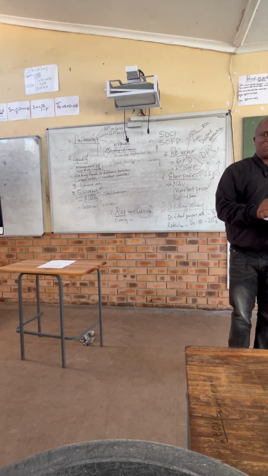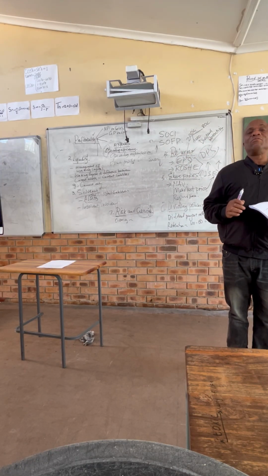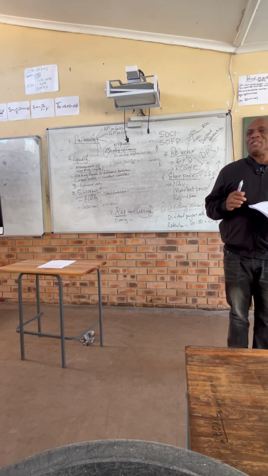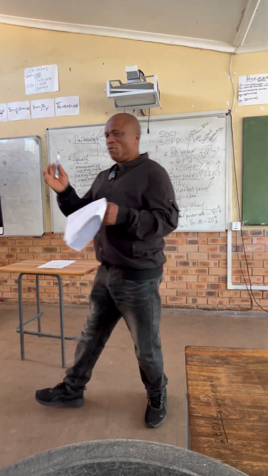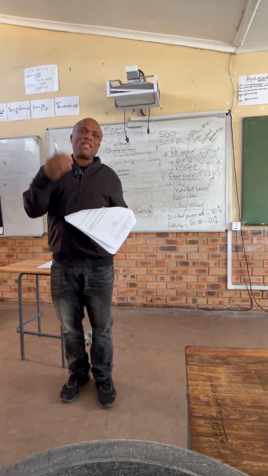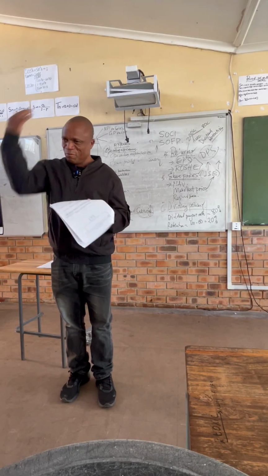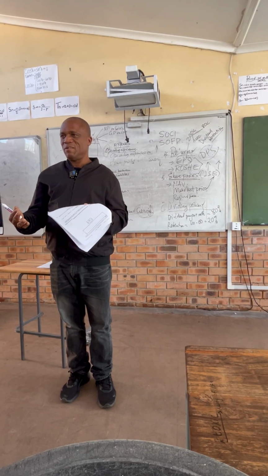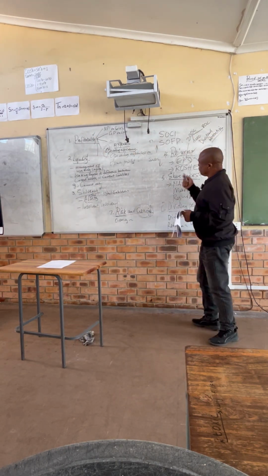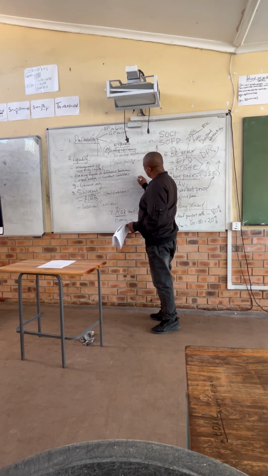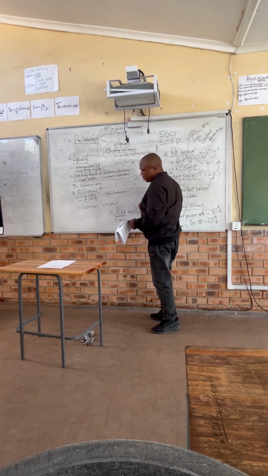Which means now, if you take a loan, you must not take a loan to go and buy pizza. You must take a loan so that you can generate more money from the loan. For example, you borrow a loan at 20% per annum, right?